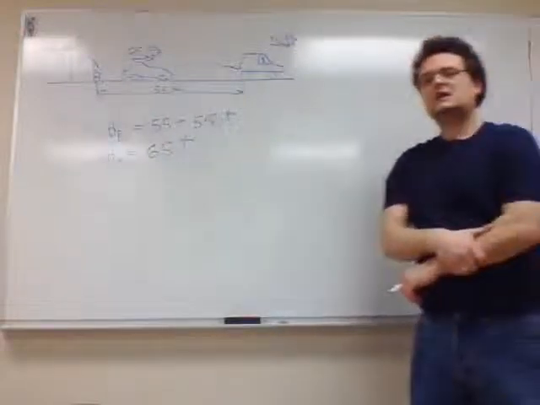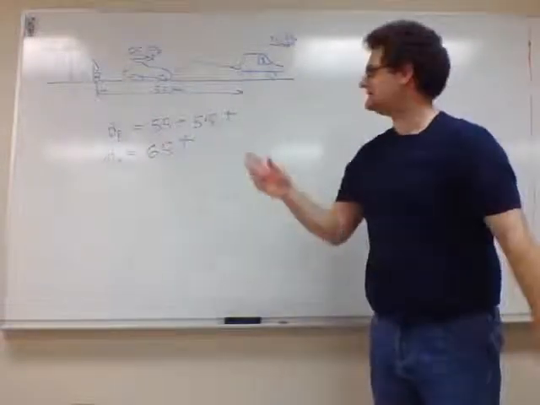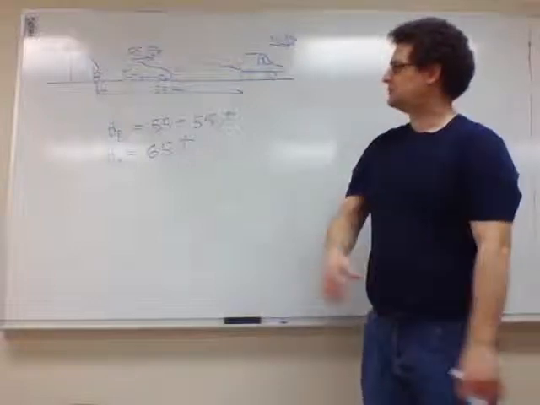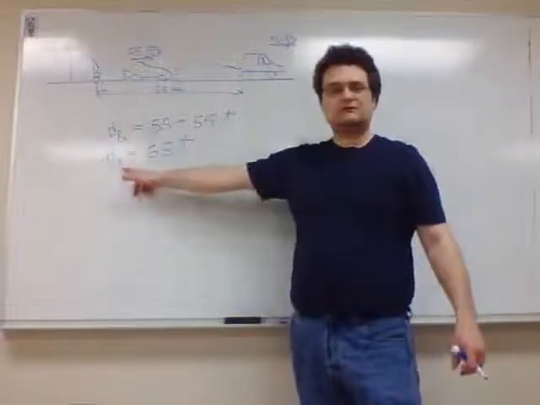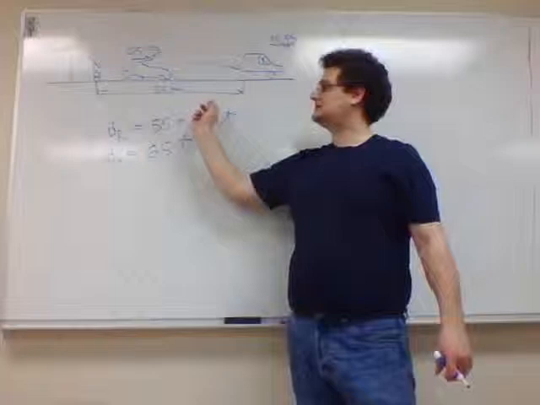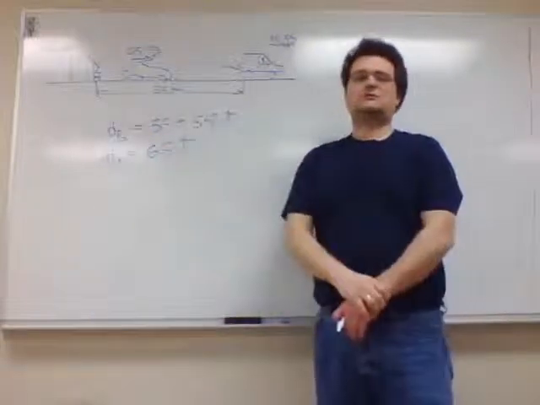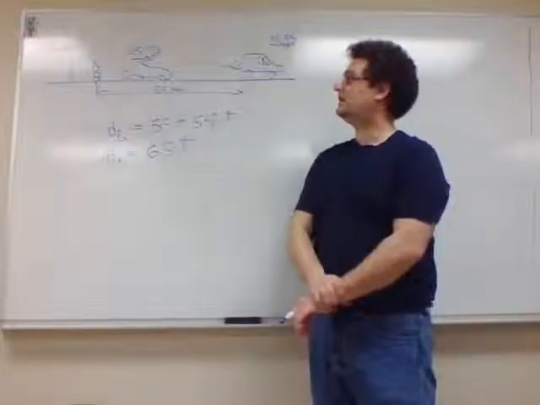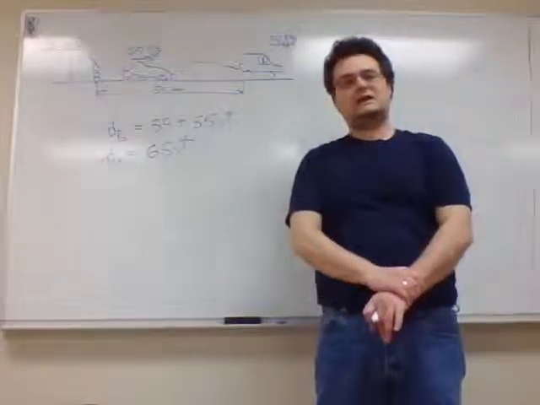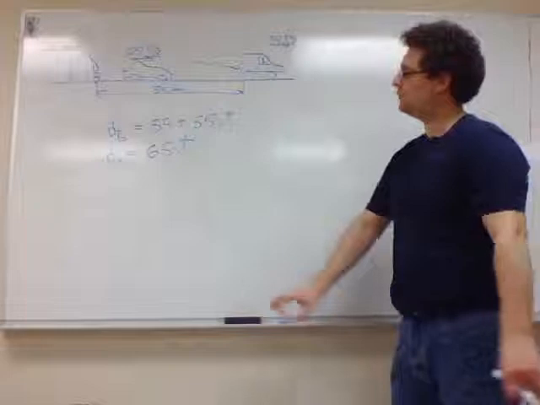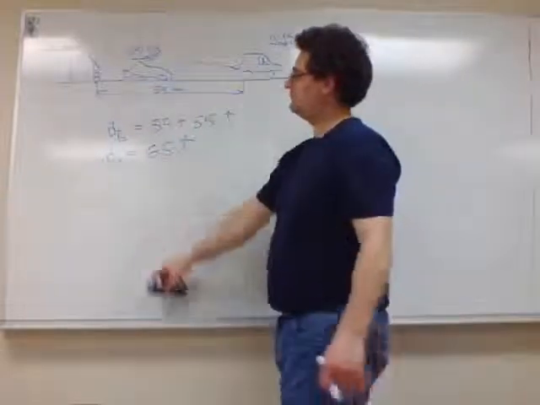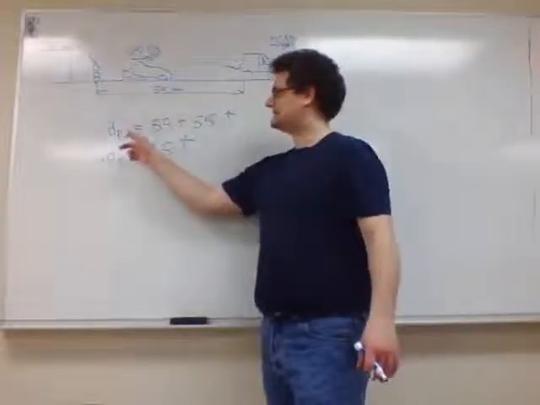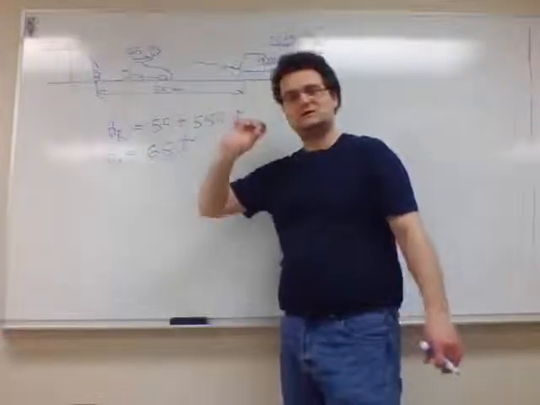Now the question is, what is time T so that the distance you travel from your house and the distance that your brother traveled from your house is the same? That's the point where you will catch him. So we are looking for the same distance, so dB and dY should be the same.